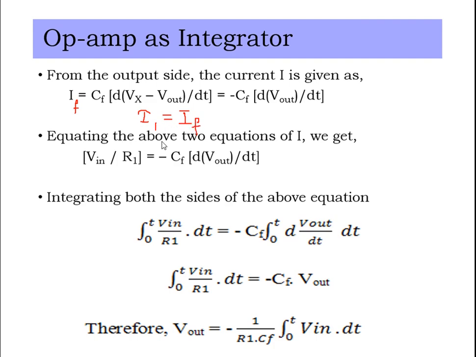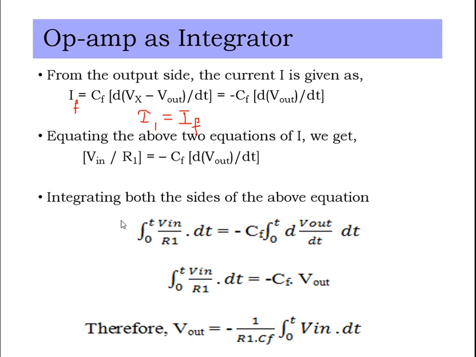Now equate the values of both currents. We know that I1 is equal to Vin divided by R1, whereas If is equal to minus Cf dVout divided by dt. After substituting the value of If in the equation, let us integrate both sides with respect to time.